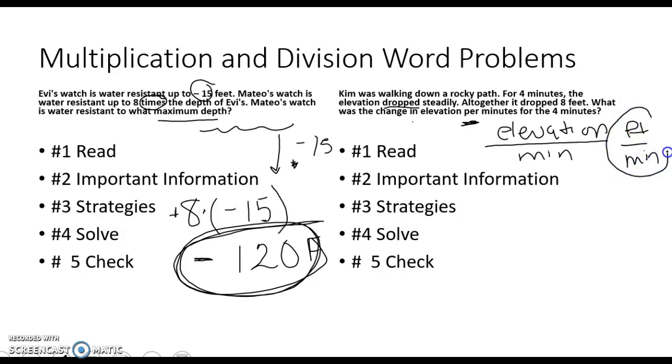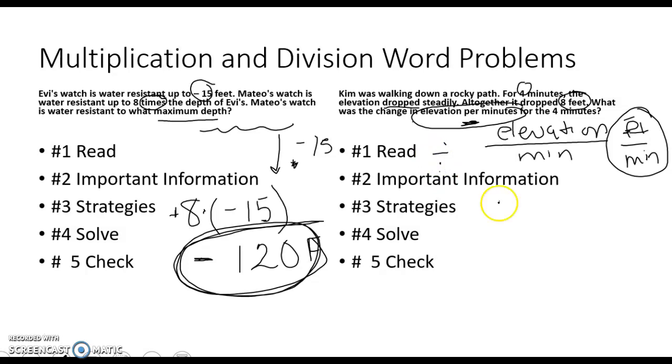Looking at the units is a good strategy to figure out what we're going to do. We're going to take the feet and we're going to divide it by the number of minutes. All right, so it's 4 minutes and 8 feet. But if you can look at these words and see elevation per minute, you are going to know this is a division problem.